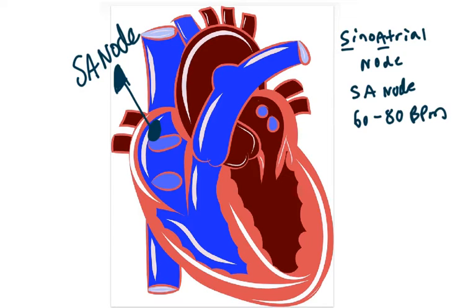The next question comes to mind: the nodal cells of the heart are responsible for transmitting positive ions throughout other nodal cells and into the myocardium, the myocytes of the heart.